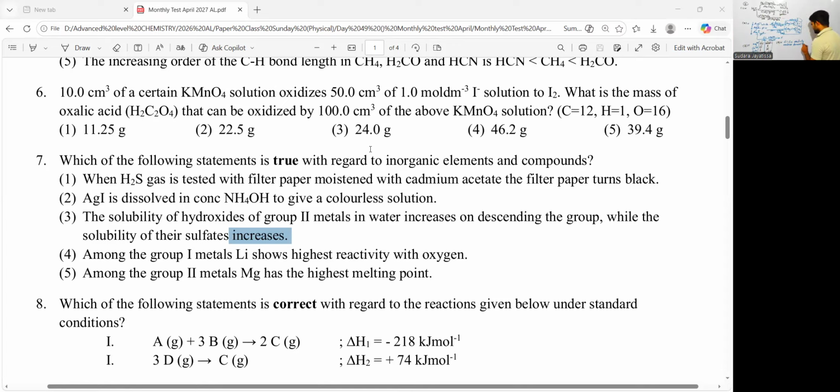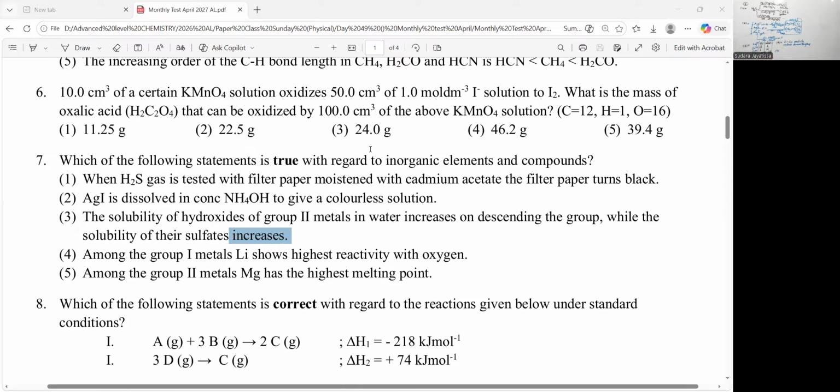So the lithium that they tell us here, lithium is a group 1 metal and it is there at the top of group 1. So that means it has the least reactivity from the group, not the highest reactivity. It is least reactivity.